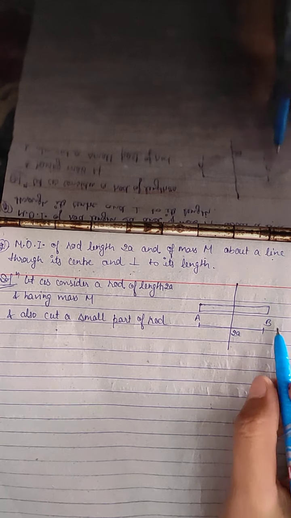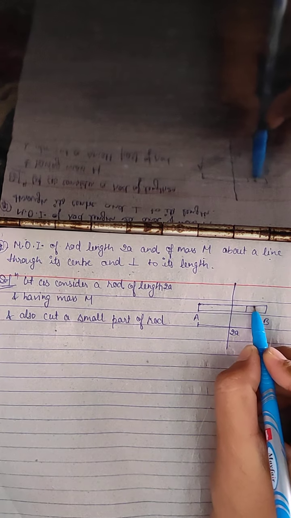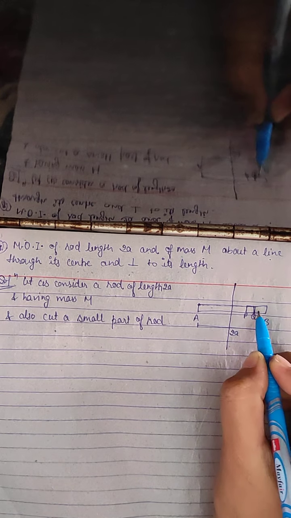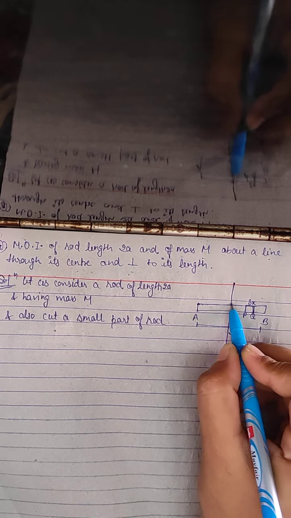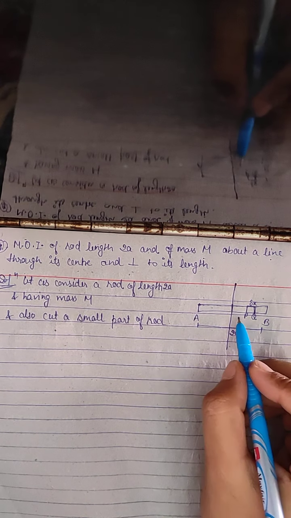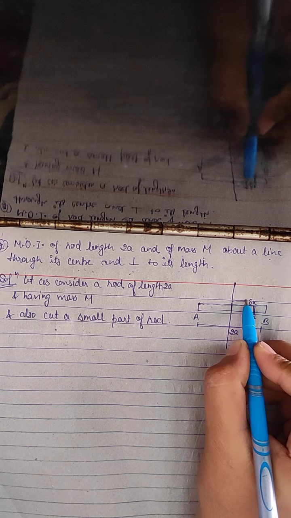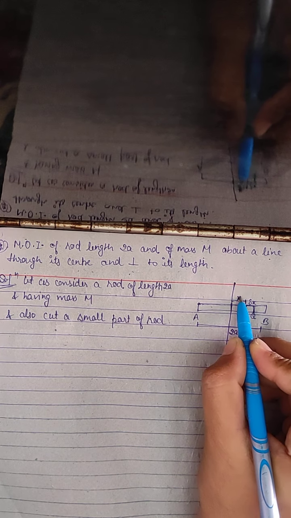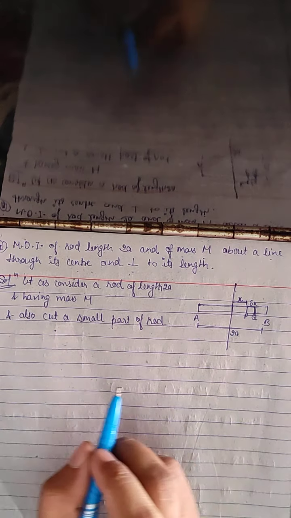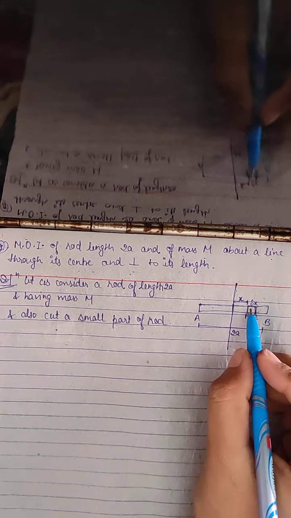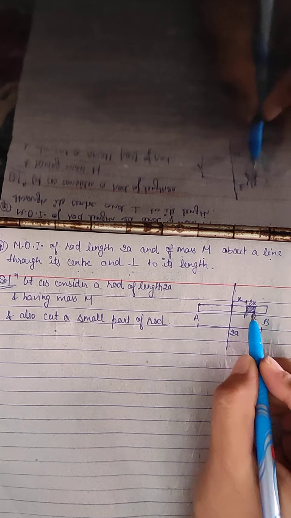So for that, let us consider a small part of that rod, PQ, having length del x, and this is the center, and let this distance be x, which is perpendicular to that line. Firstly we calculate the mass of that PQ.